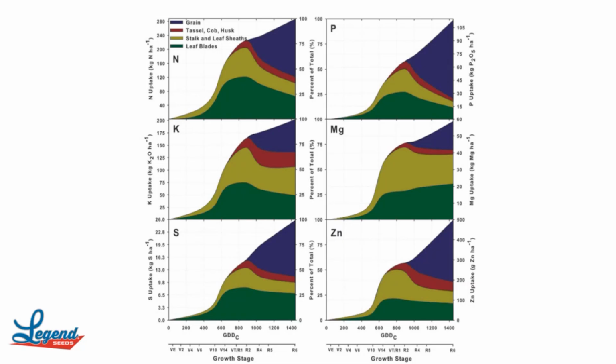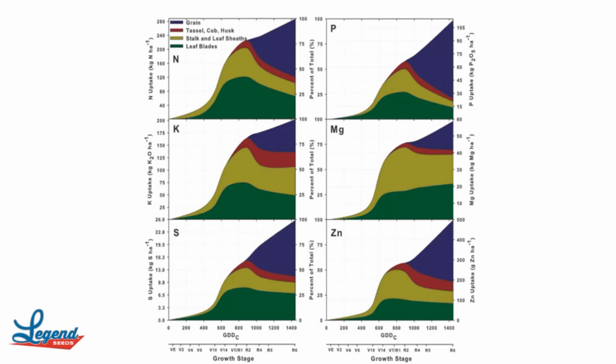What this represents, on the left axis, is the pounds of uptake to essentially make a corn crop. The axis on the left and the axis on the right is essentially the total pounds of what's being used, if that makes sense. If you look at the phosphorus side there, you can see there's not a lot needed right away in a plant's life, and the bottom axis would be over time.